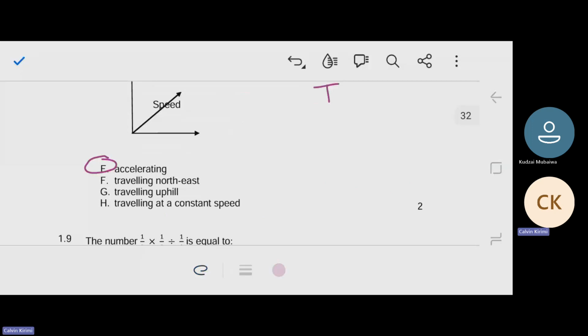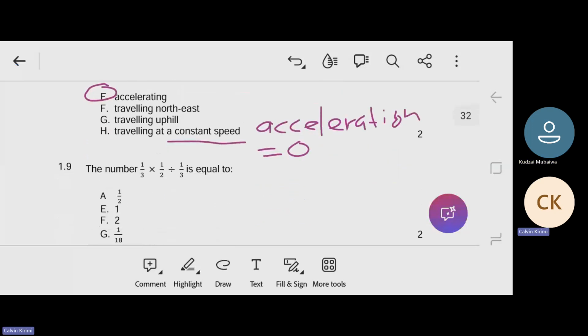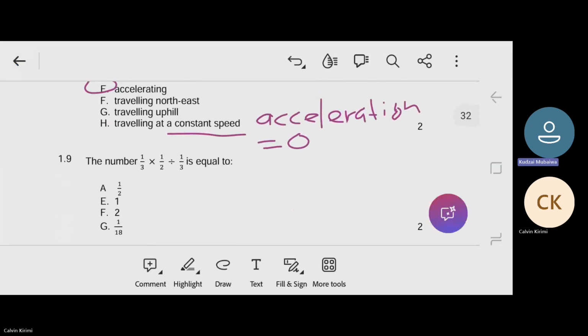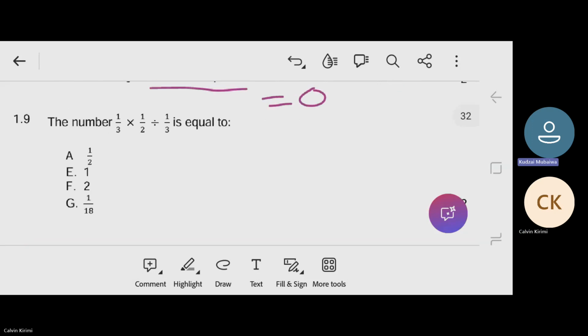But here, acceleration is happening because the speed is what? Increasing. Yes, sir. Let's go to number 1.9.